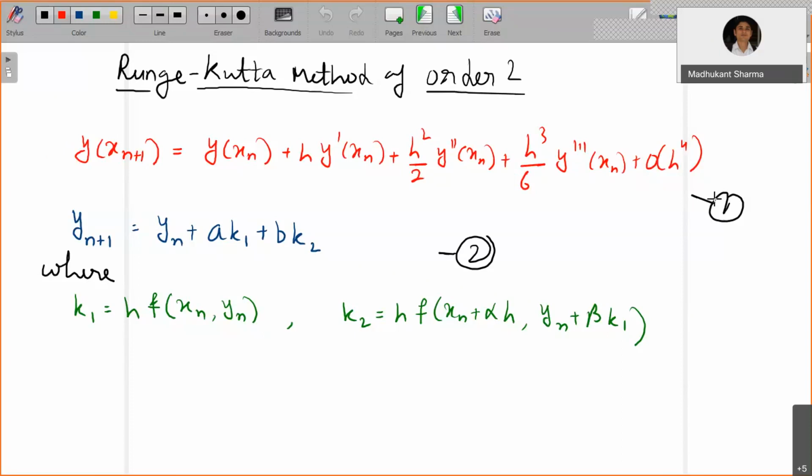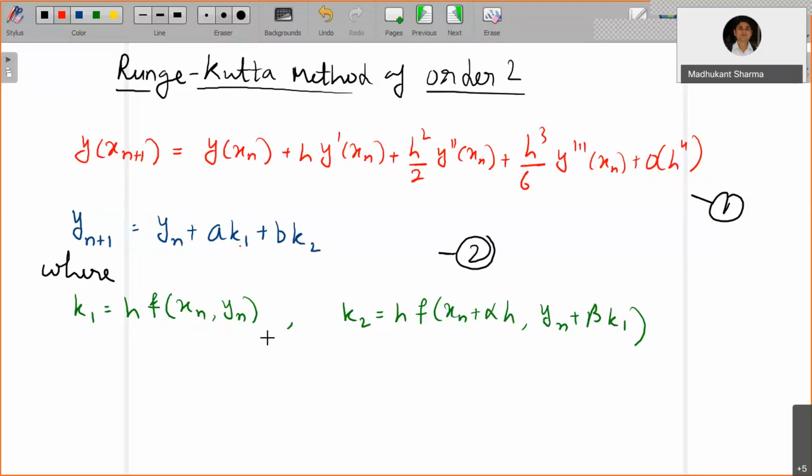Now what we wish to do here is derive a scheme like yn plus 1 equals yn plus a times k1 plus b times k2, where k1 is h times f of xn comma yn, and k2 is h times f of xn plus alpha h comma yn plus beta k1.